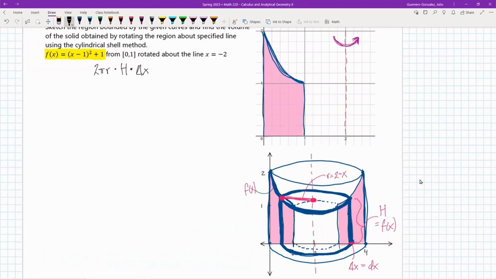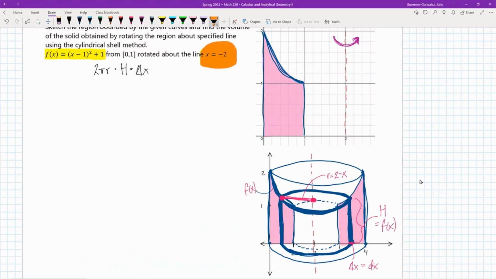And this is what we need to do if we get these offset rotations. So notice how this one was based off of this line, x equals minus 2. We were rotating it around x equals minus 2. Because of that offset from the x or the y axis, we have to do it this way, okay?